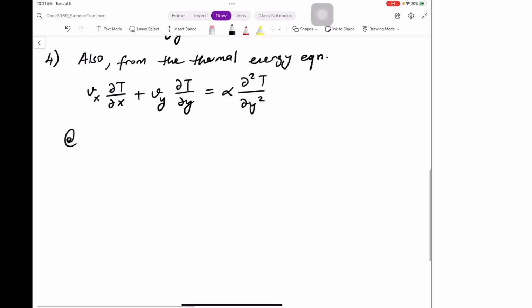And at y is equal to 0, we know that both Vx and Vy are equal to 0.